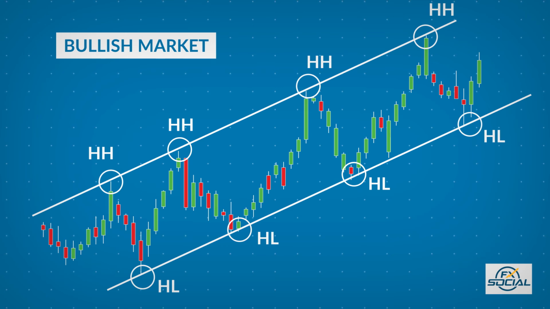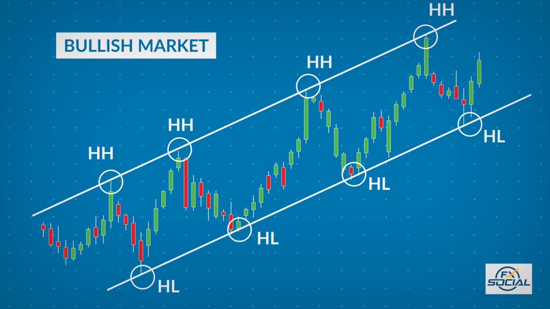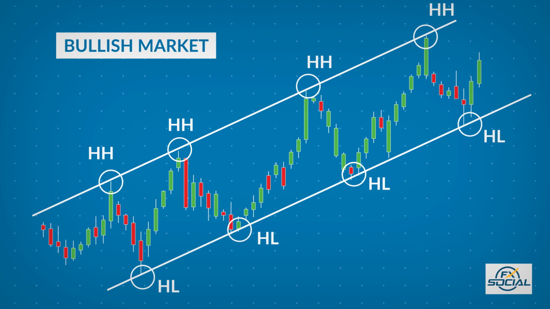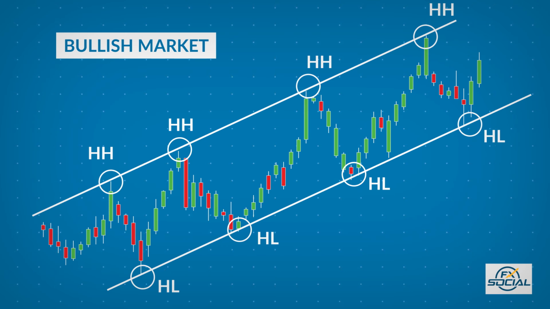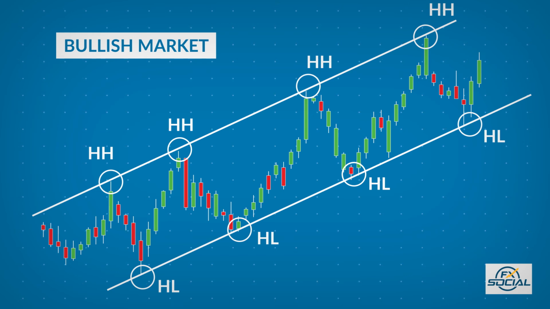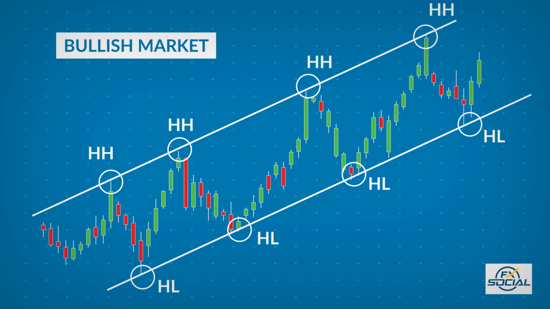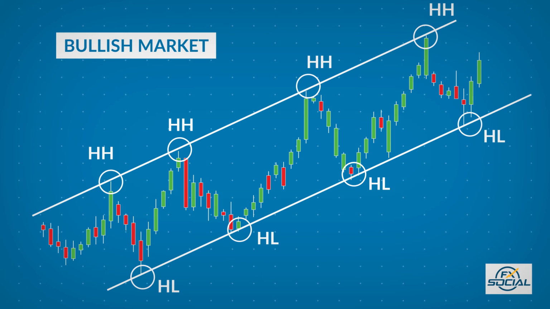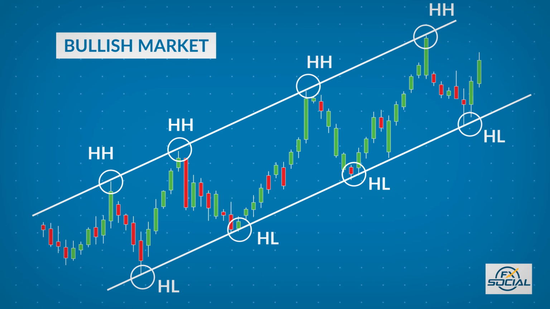We can then tag it as a higher high. Price went down, created a low that is higher than the previous low. We can tag it as higher low. This is another higher high. Here is another higher low. You can see that the market structure is bullish because it continues to print a series of higher highs and higher lows without breaking below the previous lows.